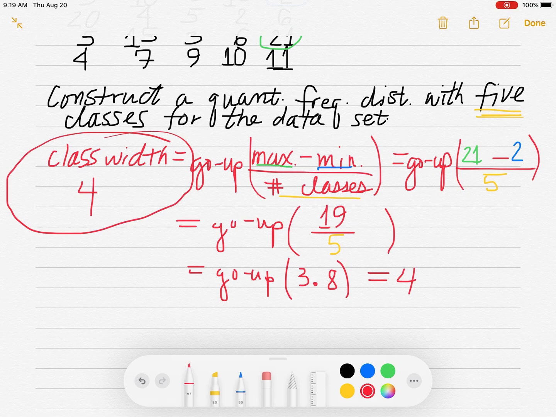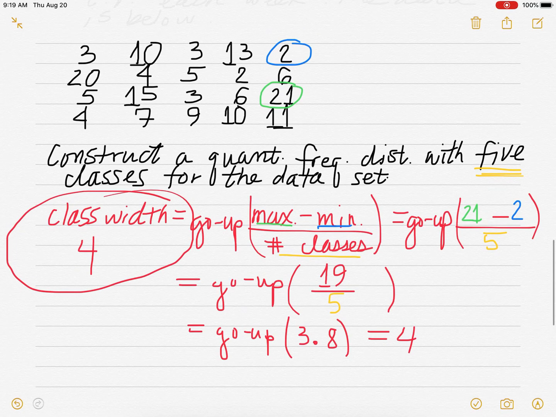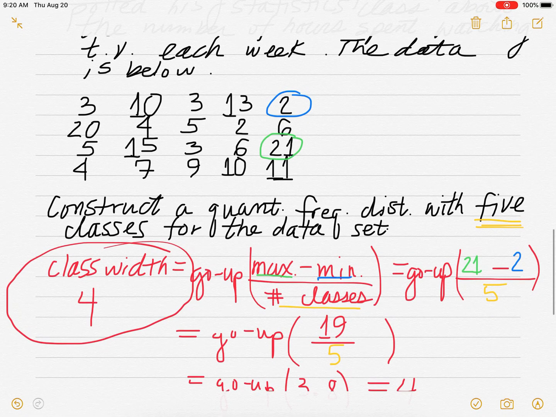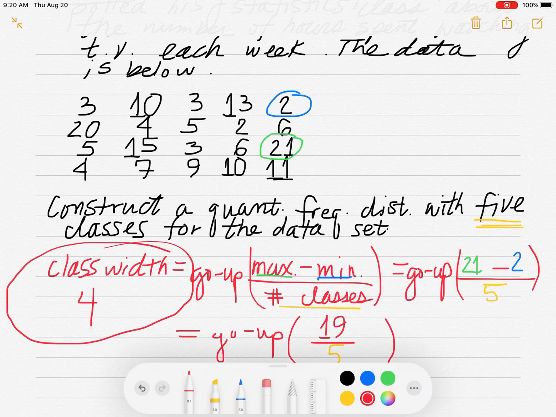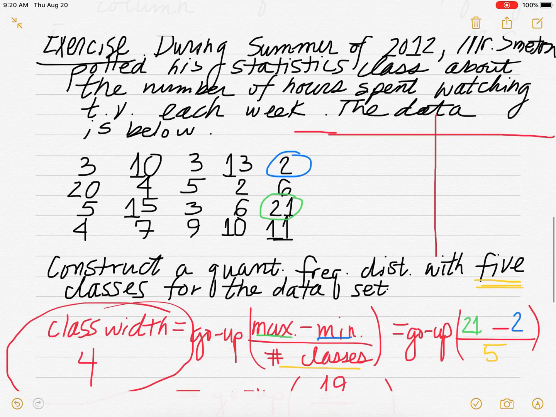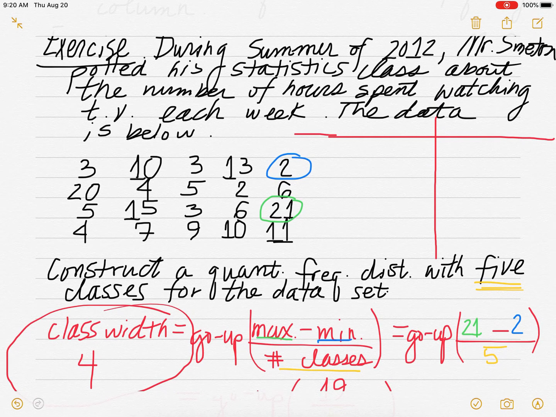All right, once you have the class width, you can start constructing your table. Where are we going to construct the table? Do we have enough space? I think we do. I think we have enough space up here. I'm going to sneak it in here real small if I can. I'm going to write 2 columns. The first column here, I got my classes. My classes represent, remember what we're talking about, numbers of hours of TV.